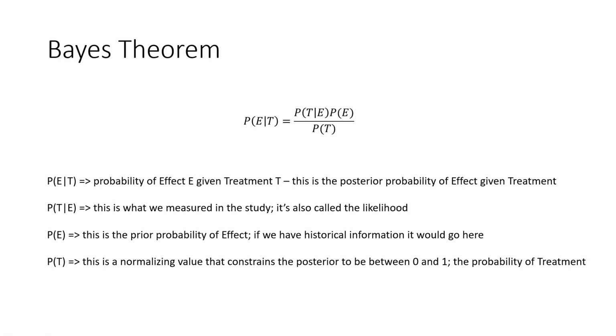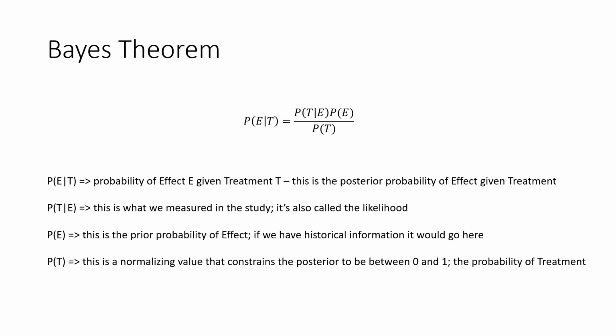If we want to think about a medical test as a different kind of example, this is where we would get our test results. So if we were taking a cancer screening test, this is where we'd put the probability of our particular result. That would be the sensitivity of the test.